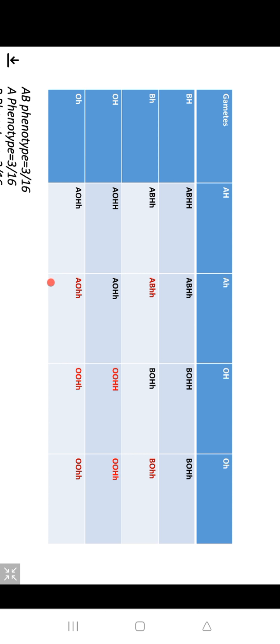But now we have an epistatic problem here. Whether you are O or not, it will be determined by another locus, HH. When we have a recessive homozygous state, no matter what you have in the other locus, the locus for blood group, you will be O. Somebody is saying 7.